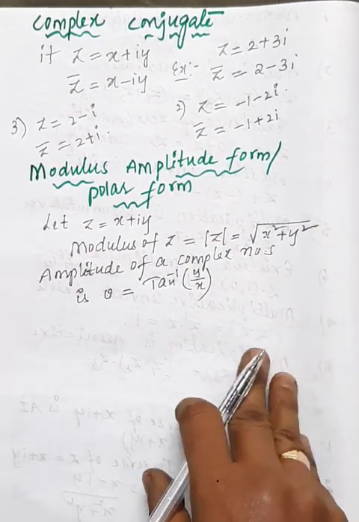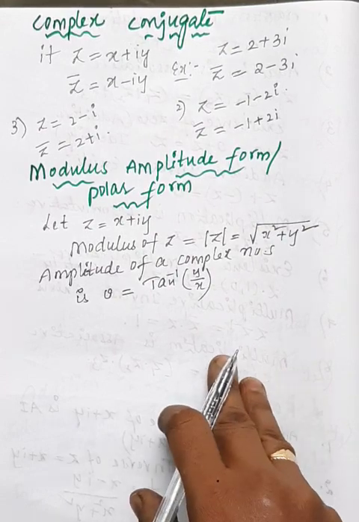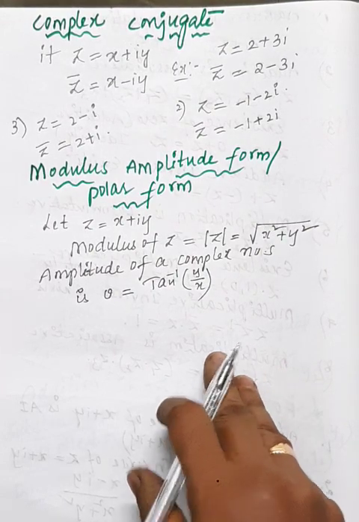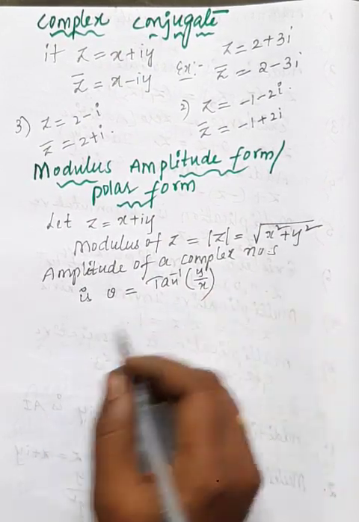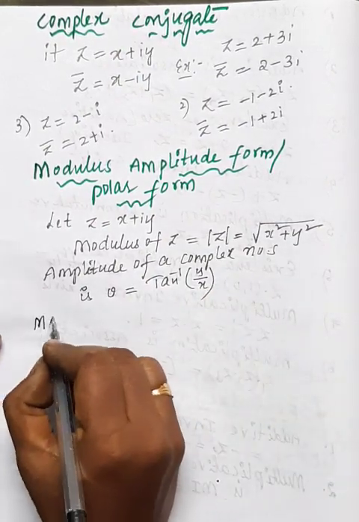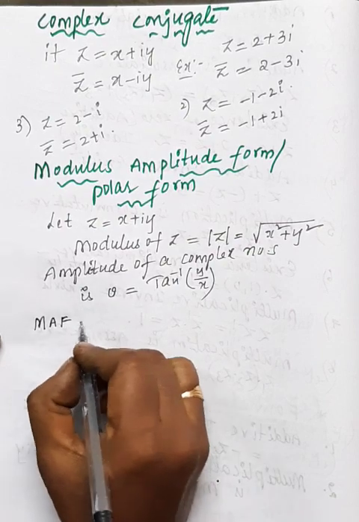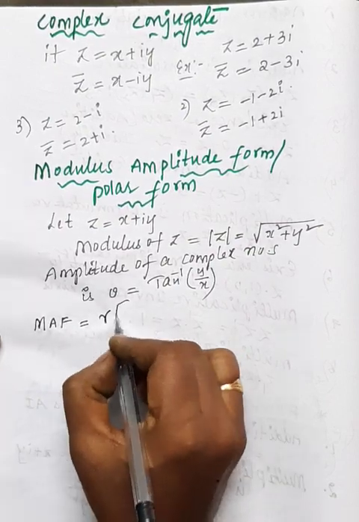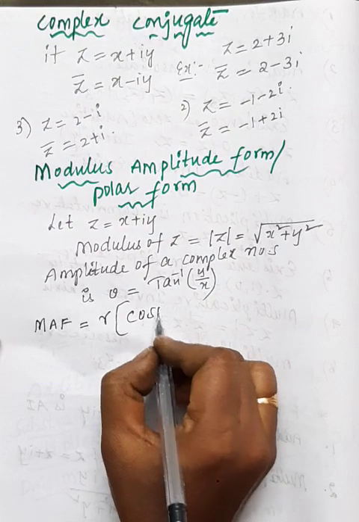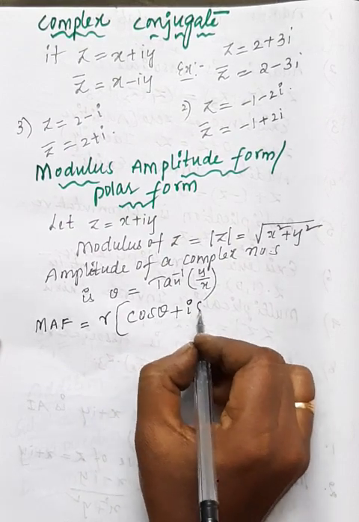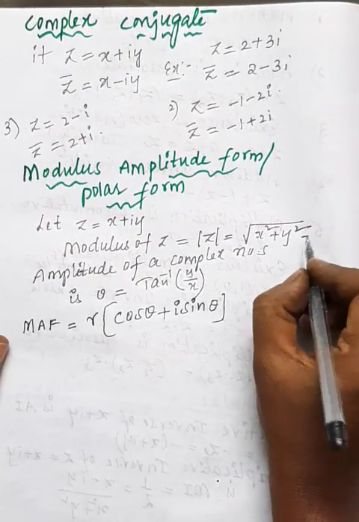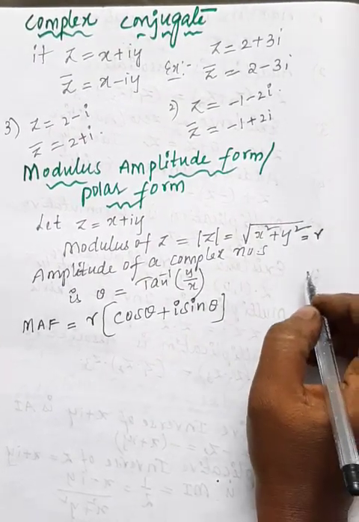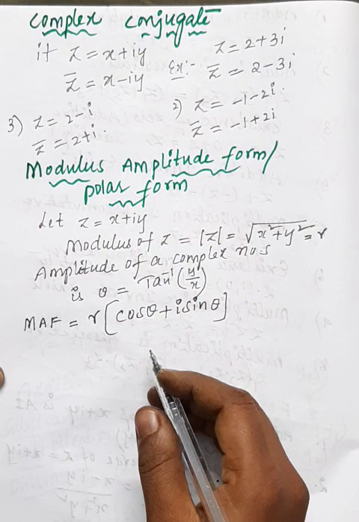So thus every complex number x plus iy can always be represented in the form of modulus amplitude form or polar form. That is, modulus amplitude form, short form MAF, is equal to r into cos theta plus i sin theta. So here r is known as modulus, theta is known as amplitude.